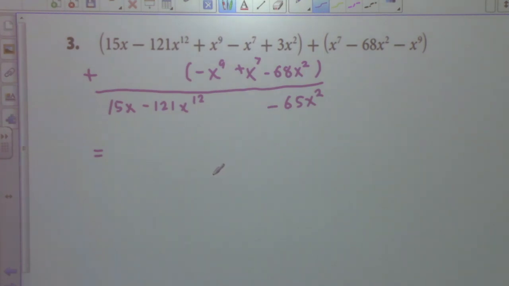And then I got 121x to the power of 12. You know you can increase them, right? Oh, yeah, negative 100. Negative out front here? Yes. And then minus 65x squared plus 15x.